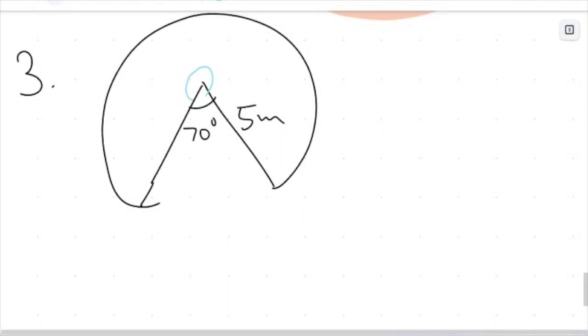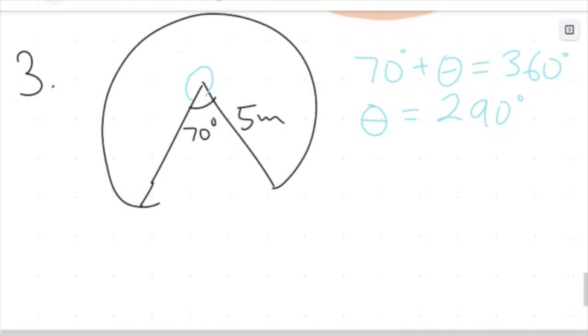Now I know that 70 plus my angle, I'll call that theta, equals 360. So I can find my theta by subtracting 70 from both sides. It's a pretty simple way to solve an equation. Now, I'm just going to go through this quickly because I'm assuming none of this is new to you at this point, solving equations.